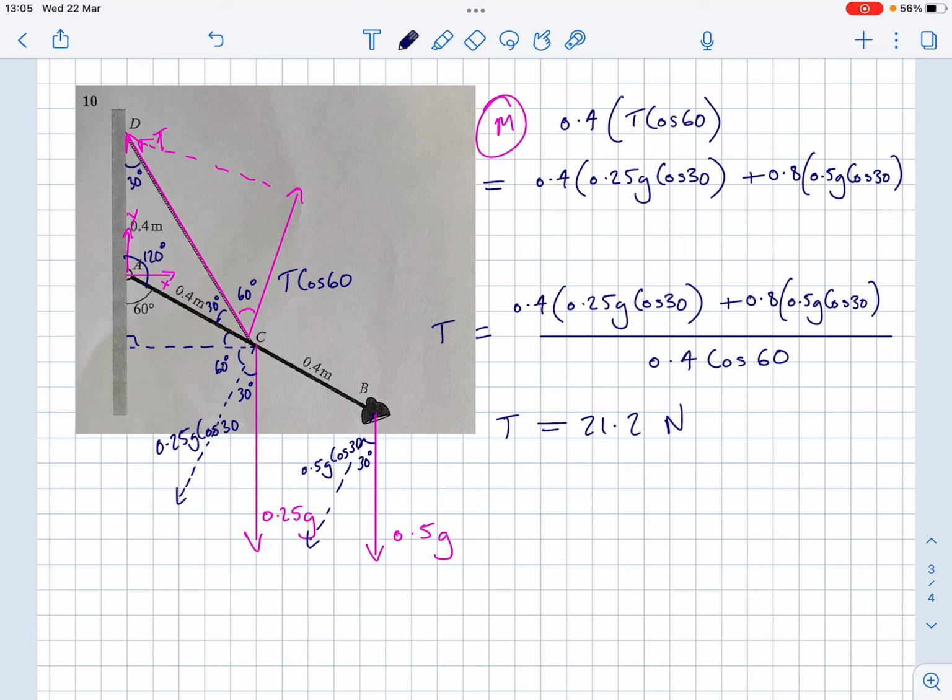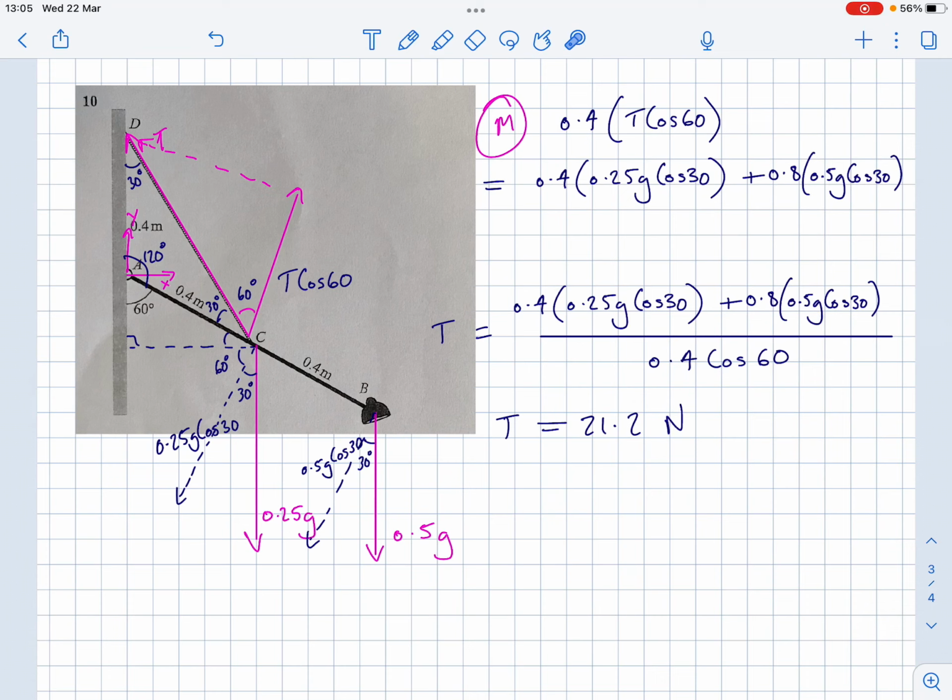Right, next bit is we want to determine the magnitude of the force exerted at A and the direction. We set this up earlier. We had a horizontal component and a vertical one. With a hinge, we've basically just got to make a guess. It's very difficult to predict how those forces are going to be allocated, like how much goes to the horizontal and how much to the vertical.